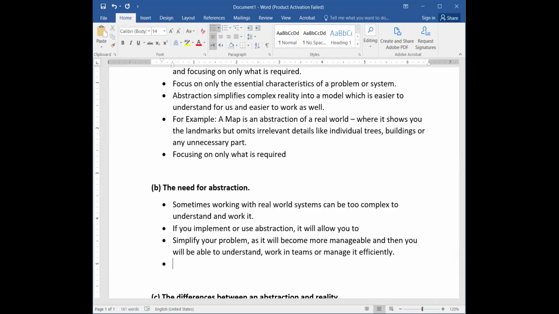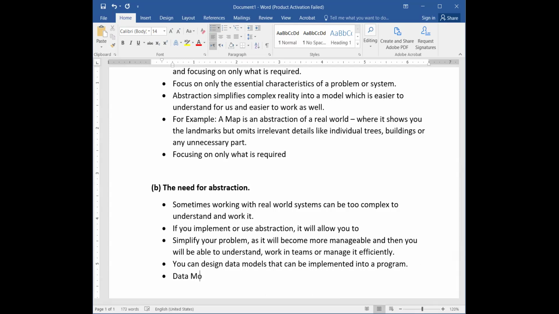That's the first point. The second point is that with the help of abstraction, you can design data models that can be implemented into a program and which are easier to understand as well.